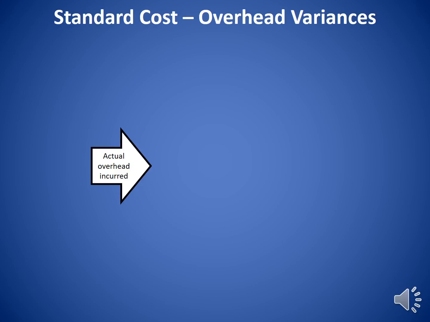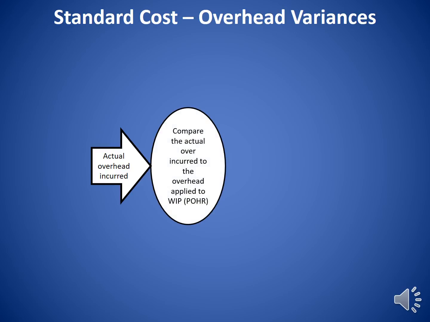We take our actual overhead that we've incurred by the end of the year, and we're going to compare the actual overhead incurred to the overhead applied using our predetermined overhead rate. And from that, we're going to produce overhead variances. Now, that's a very simplified concept at this point.